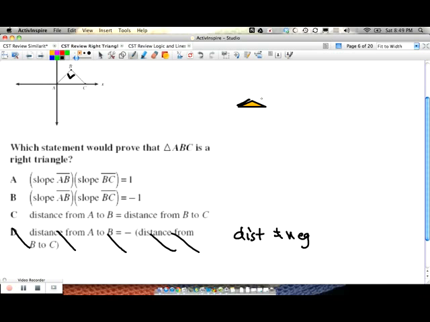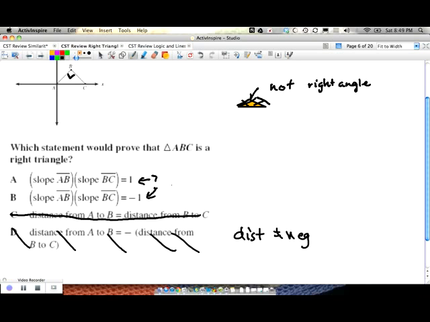These two legs, the two shorter sides, are still congruent to each other. But this is not a right angle. So there's no way that equal distances make right angles. Because you can have right angles in equal distances, you can have not right angles in equal distances.